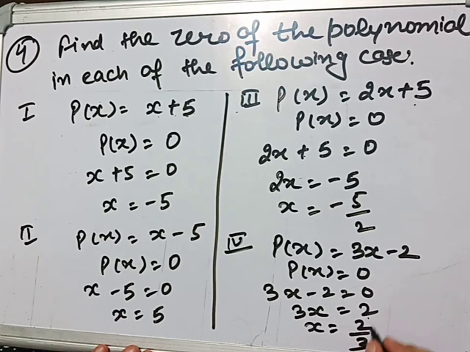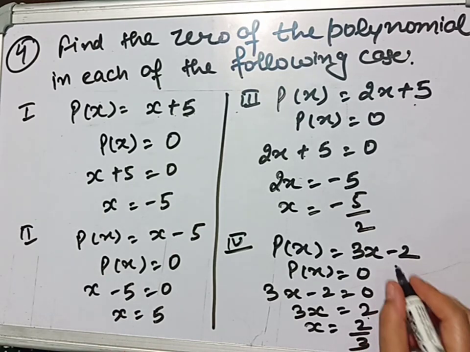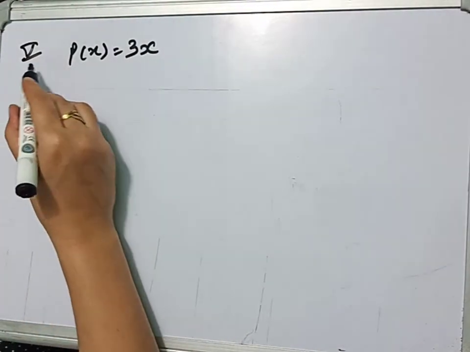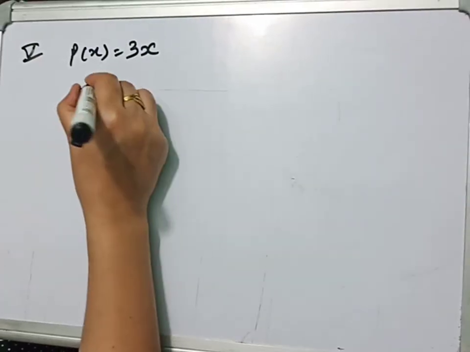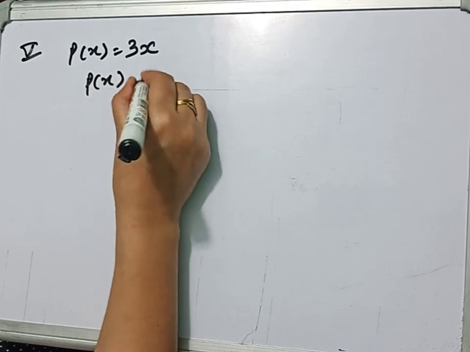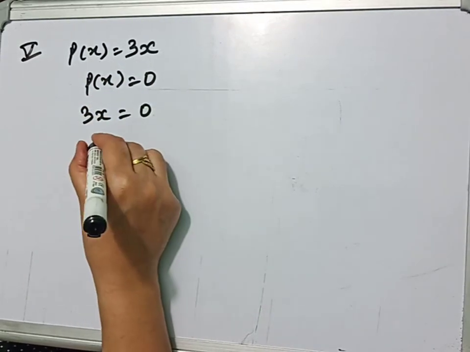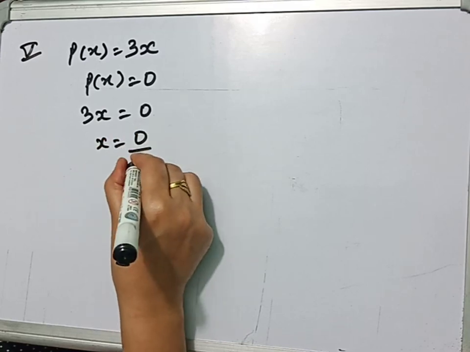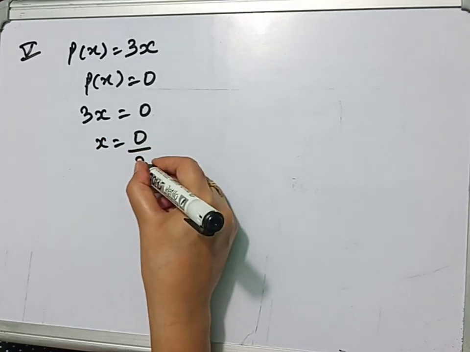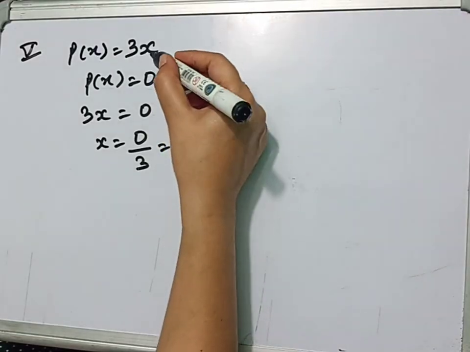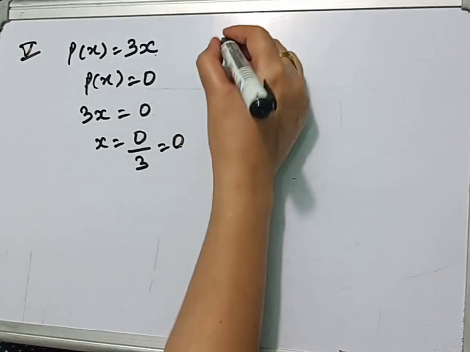Now 2 by 3 is 0 of the given polynomial. Fifth part is p(x) is equal to 3x. p(x) is equal to 0. 3x is equal to 0. Now x is equal to 0 over 3. 0 over something is equal to 0. Now 0 is the 0 of the polynomial.